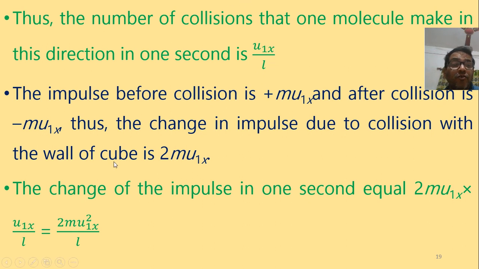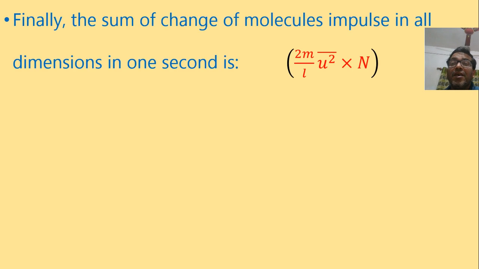So we multiply these two, then we get 2mu1x square by L, right? So there are no problems, I think. Now finally the sum of the change of impulse of the molecules in all dimensions, we are considering only along the x direction.